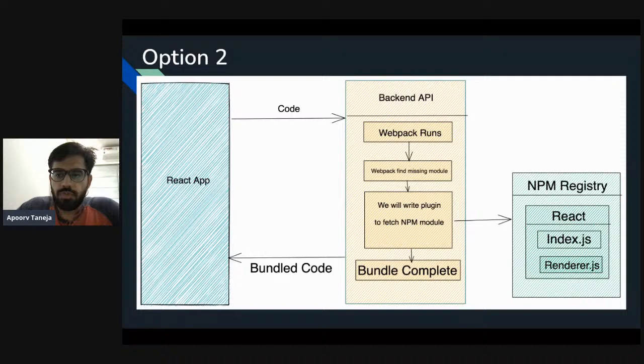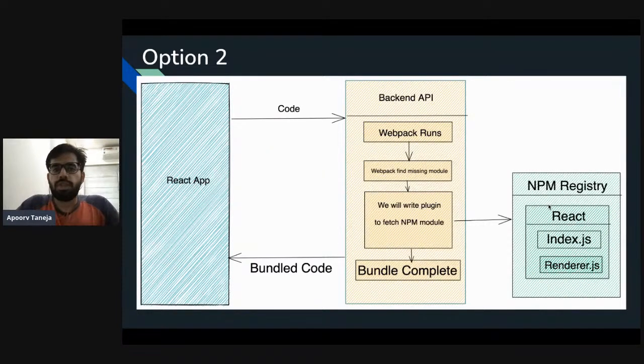Use that plugin to fetch the code directly from the npm module. Don't download that piece of code. Just use that piece of code, bundle the code, and send back the bundled code. So what we're doing is we are not storing our code anywhere. We are not storing the React code on a hard disk. We are not storing any piece of code.